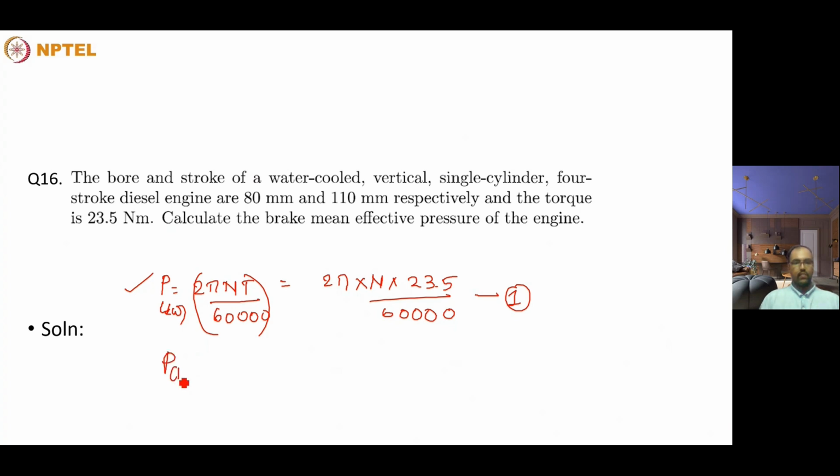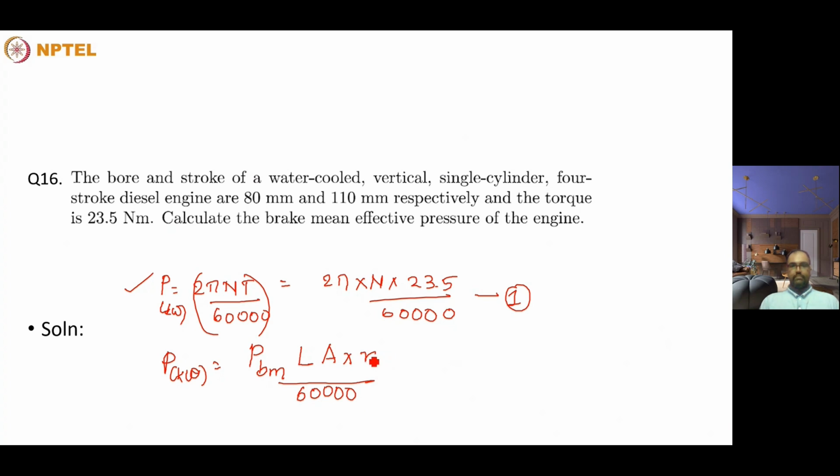So power in kilowatt is equal to brake mean effective pressure into the length of the stroke multiplied by the area, multiplied by the number of cycles, divided by 60,000.